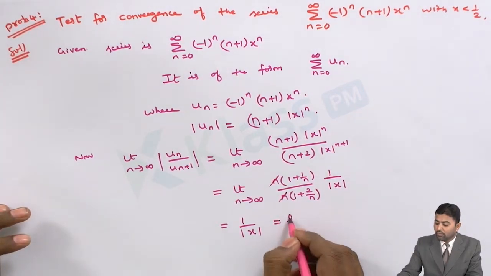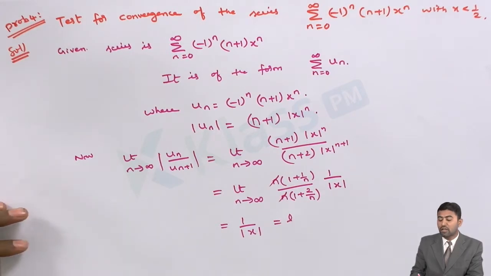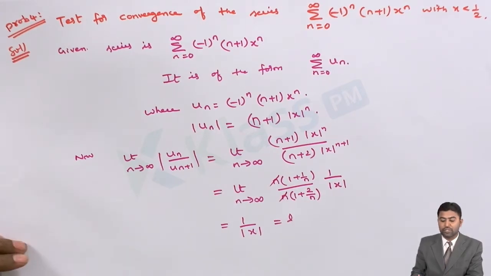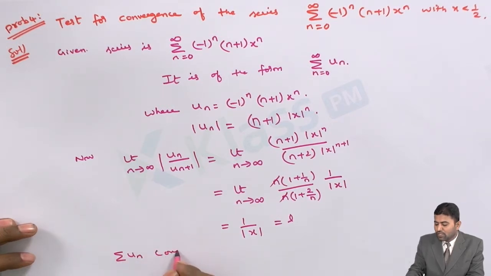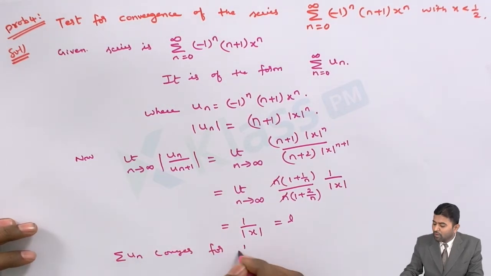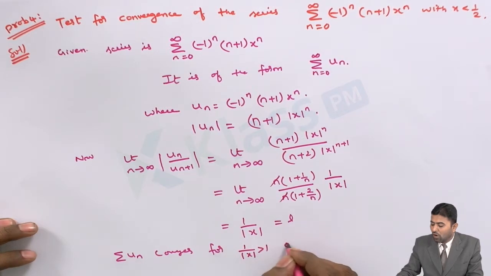And this is like L. In D'Alembert's ratio test, when L is greater than 1, it converges. When L is less than 1, it diverges. When L equal to 1, test fails. So here, summation un converges for 1 by mod x greater than 1, or mod x less than 1.